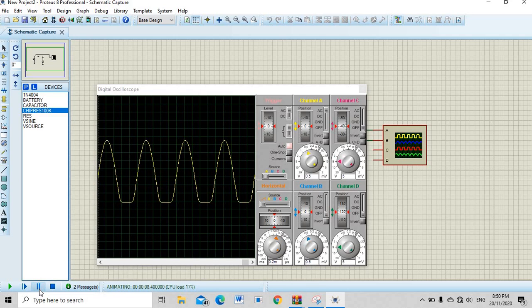The output is different from the previous circuits 2.3 and 2.4, in which the amplitude of this wave is higher. Let's compare to the input.